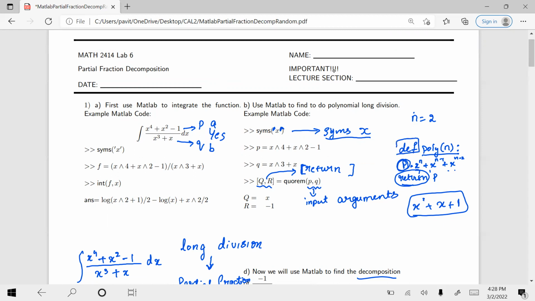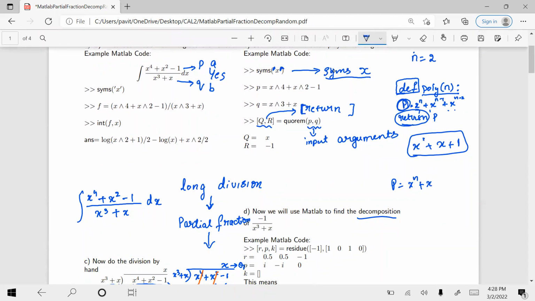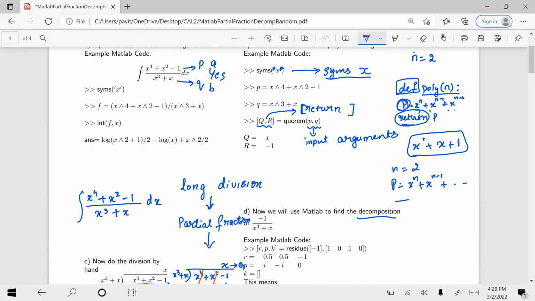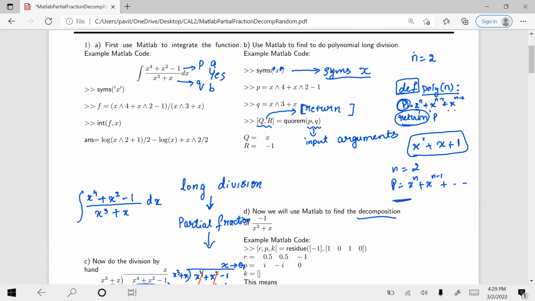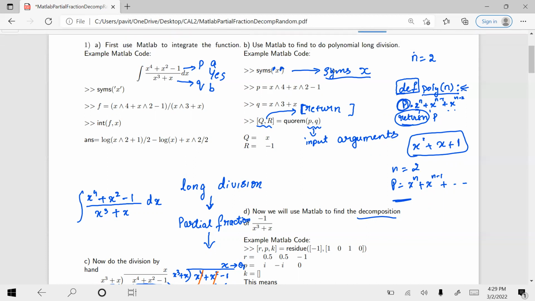And why do we have to define it as a function? Why don't I just write p equal to x to the power of n minus 1, and so on, and give n equal to 2? You will still get the same answer. Why do I have to define it? The reason is, let's say you need the polynomial in another code, for example in lab 7 we need the polynomial of n.